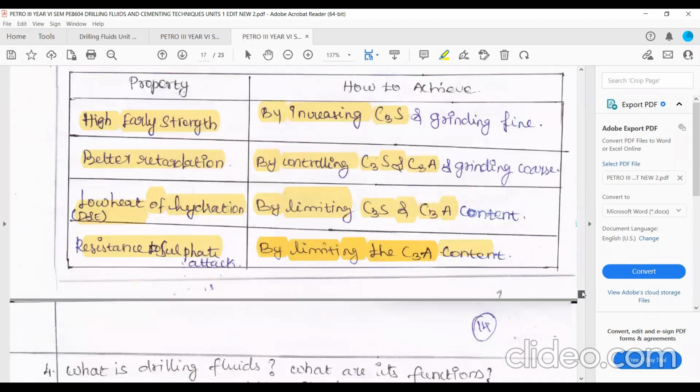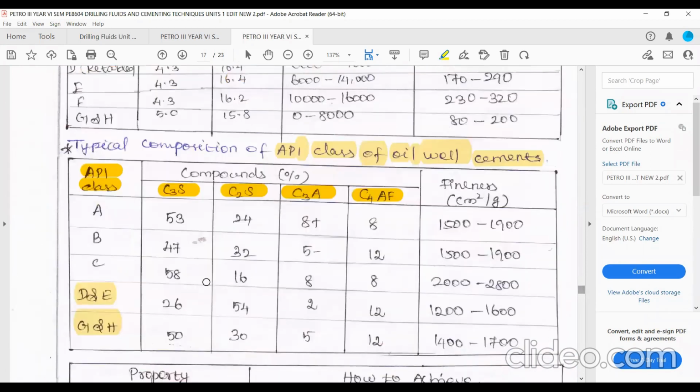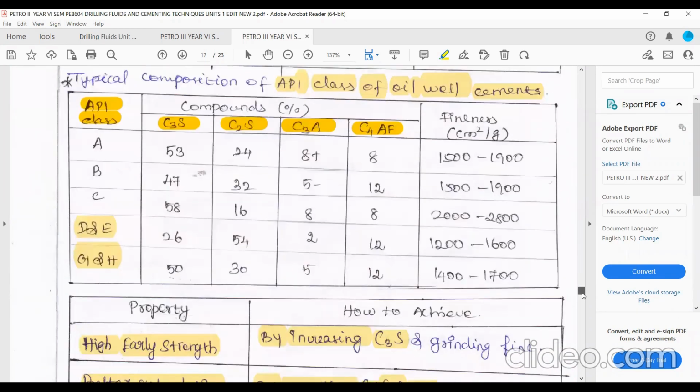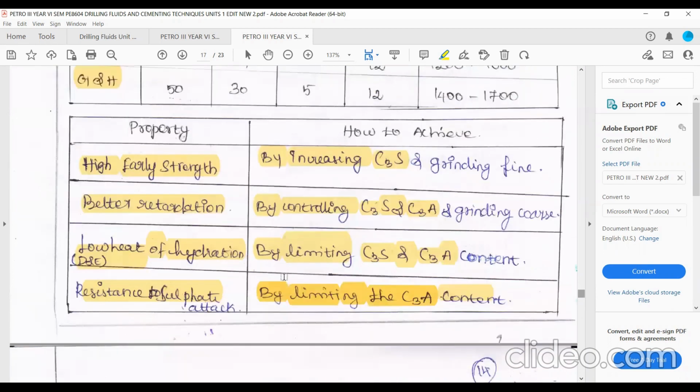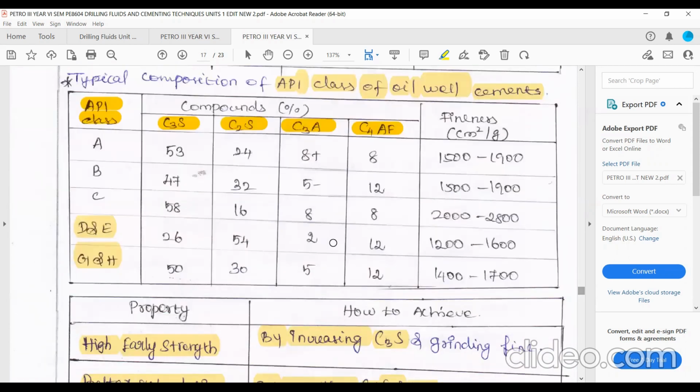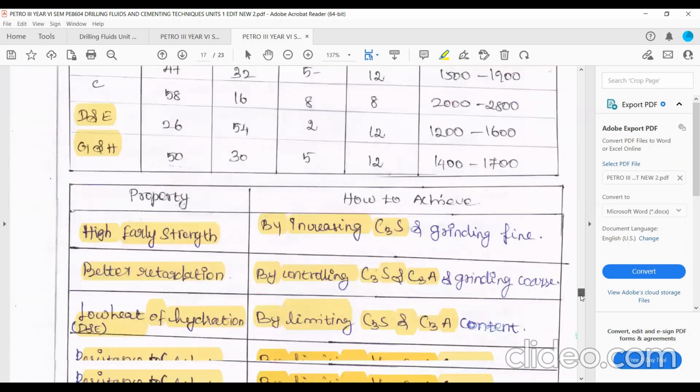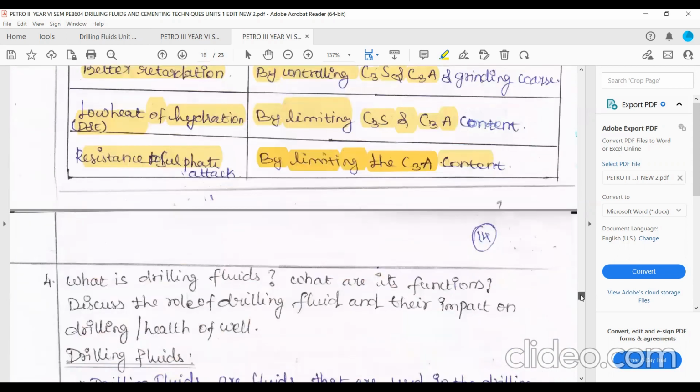You reduce this, then it becomes D class cements, that is low hydration heat or low heat of hydration. And by limiting the C3A alone, you will get resistance to sulfate or corrosion.